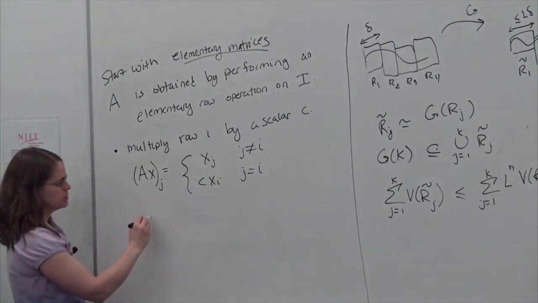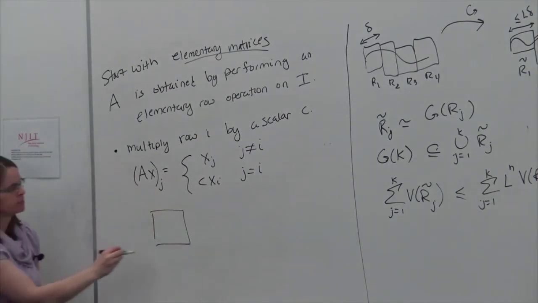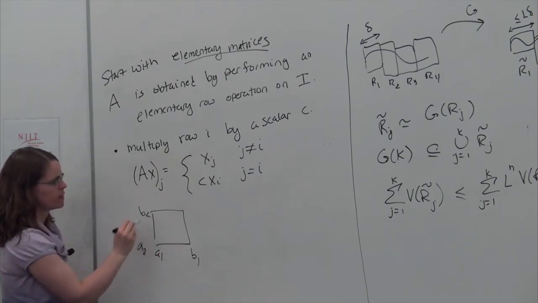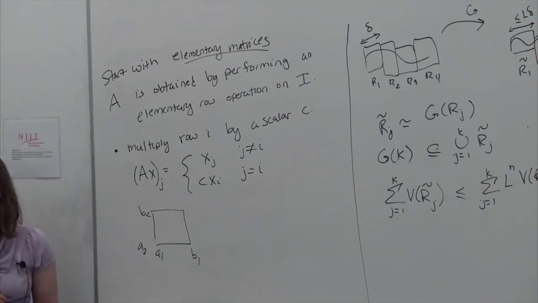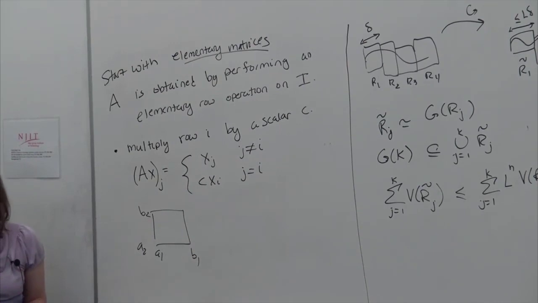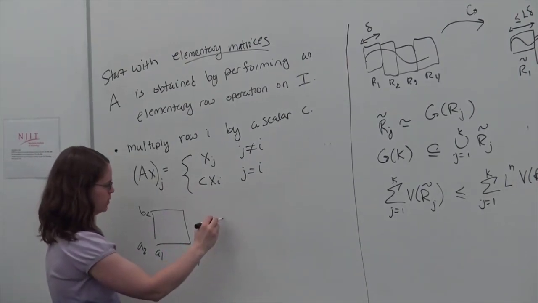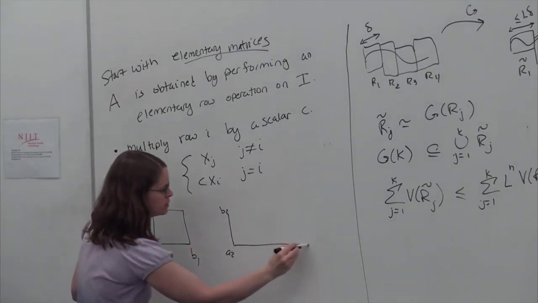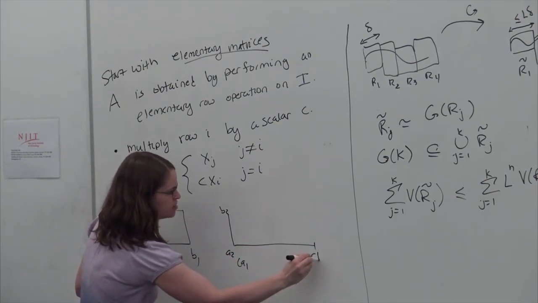Okay, so we took a rectangle. In most of the dimensions, this thing stayed the same. Along one of the dimensions, everything got multiplied by c. So now maybe a2 and b2 stay the same, but now this is going to be c a1 and c b1.